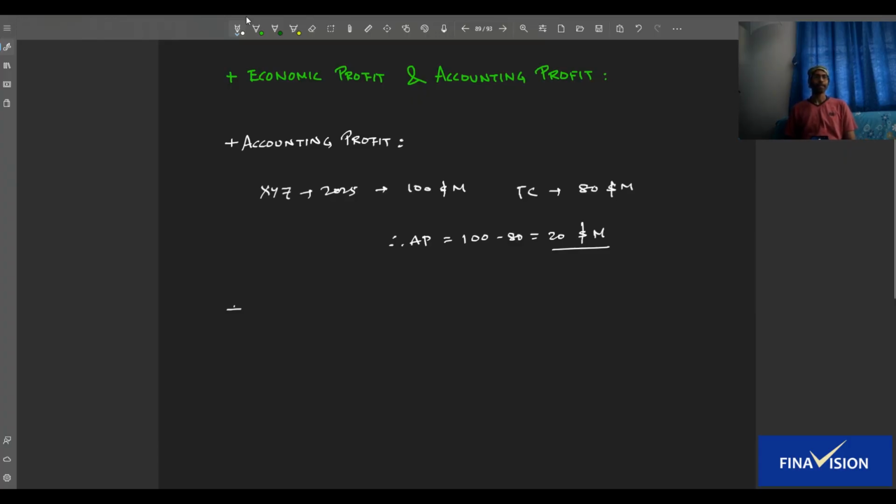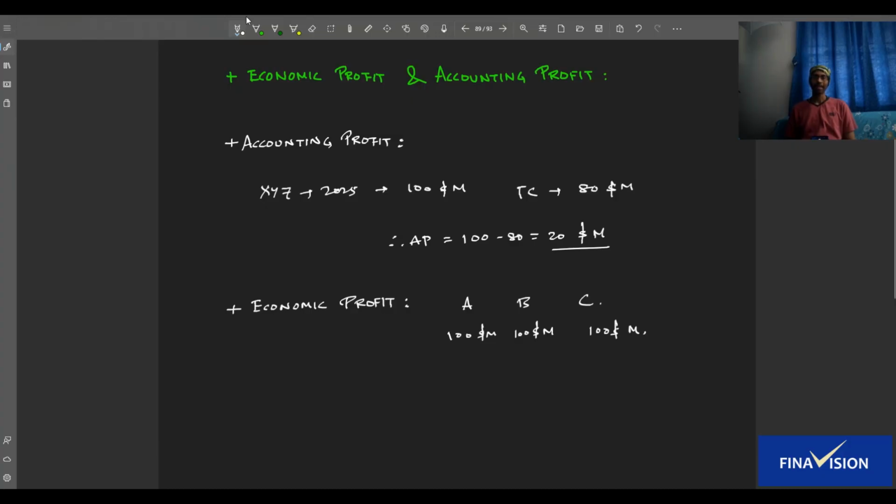Let's understand this. Let's say there is a business an investor is looking to invest in, and that investor has two options or three options. Let's say the investor has option A, option B, option C. Now, all of these businesses have a projected revenue of 100 million.